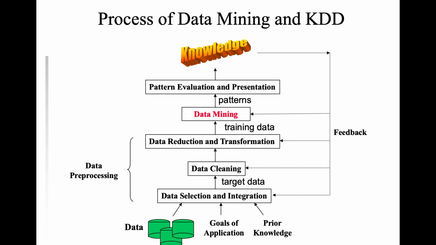So we collect data from many different sources. It can come from databases, from historical information, from whatever we define as goals of our application. So we have to select and integrate those data. And we also have to keep in mind that this is an iterative process.